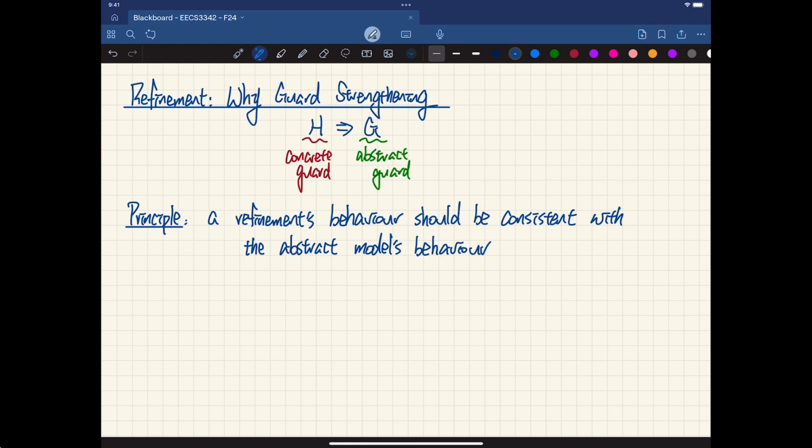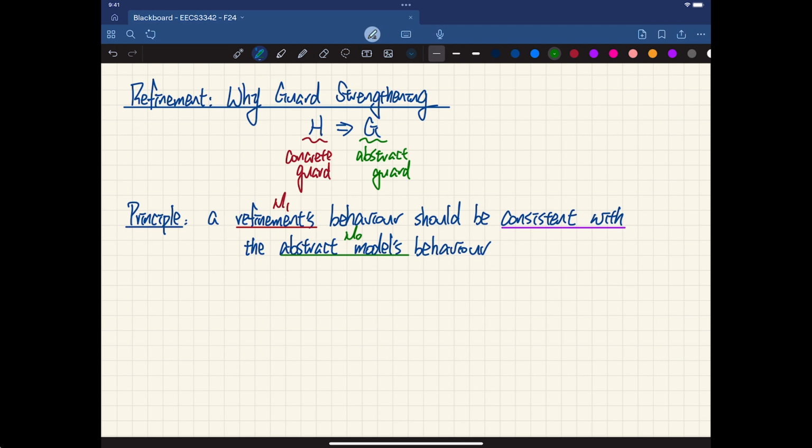So what do I really mean by consistent? I'll elaborate that a little bit later. So when I talk about refinements here, it could be, for example, M1. That's one example. And when we talk about the abstract model, it will be M0.